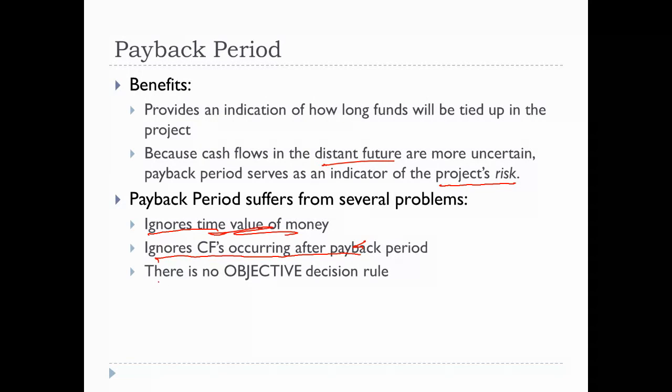A third reason is that there's no real objective decision rule. With net present value, we said that a project is a good project if it has a net present value that's positive, if its benefits outweigh the costs. And that's a very objective, simple thing to determine, and it's grounded in theory. It makes sense.